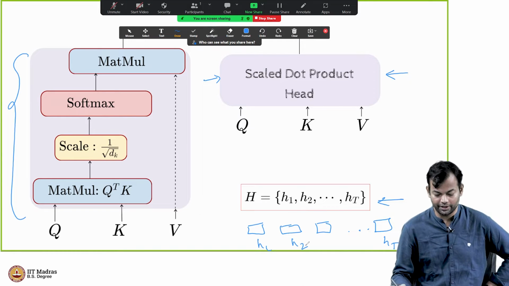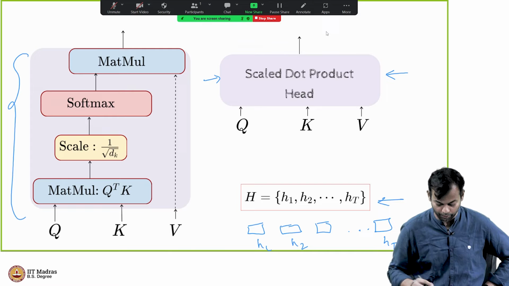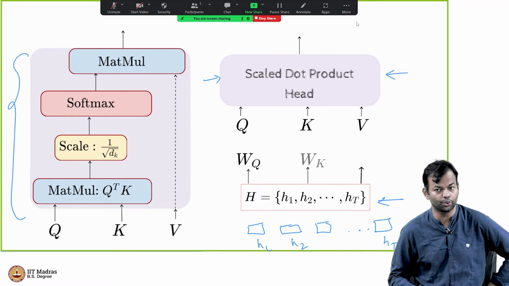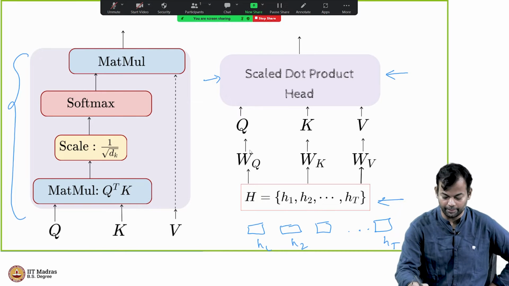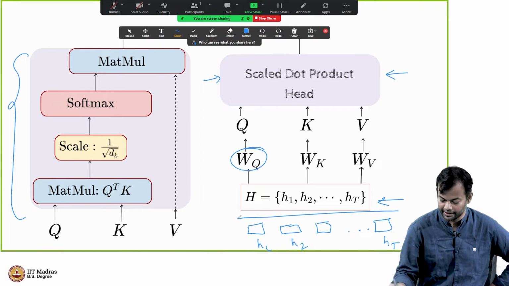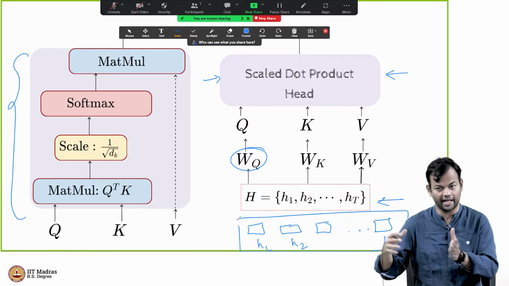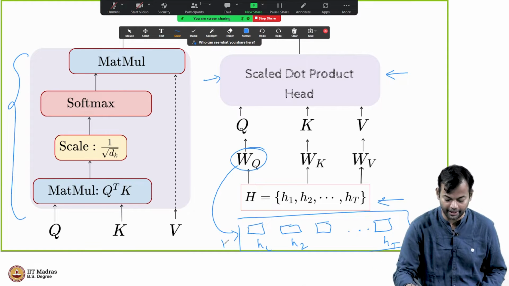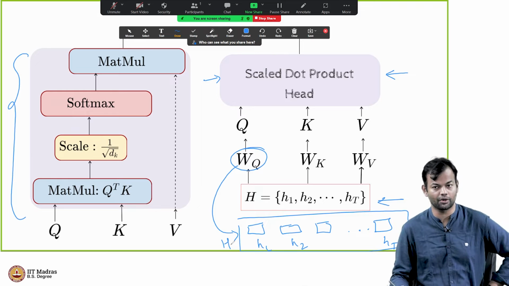Now from the h1, h2, what happens? You pass them through the linear projection, through the WQ, WK and WV matrices to get the Q, K and V matrices, right? So this is just multiplying WQ by these vectors, and you just stack up these vectors into a matrix so that you can just do WQ multiplied by that H matrix. Let's just call it H.